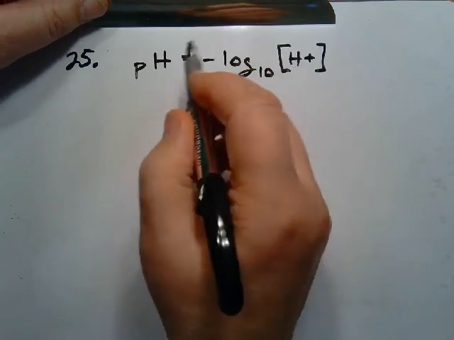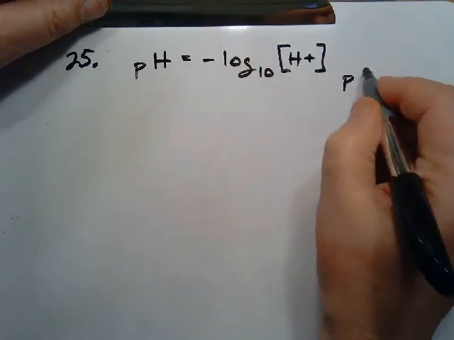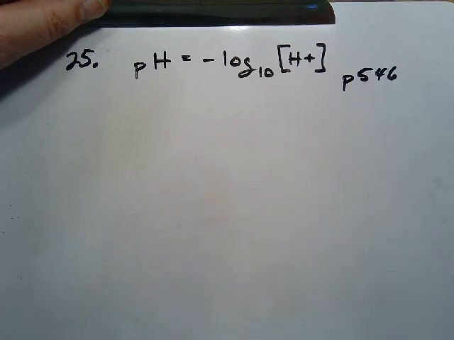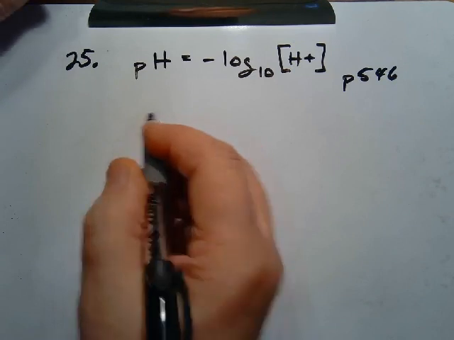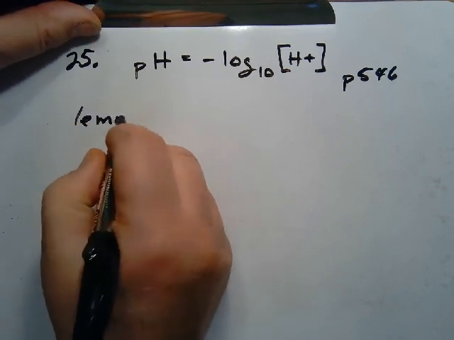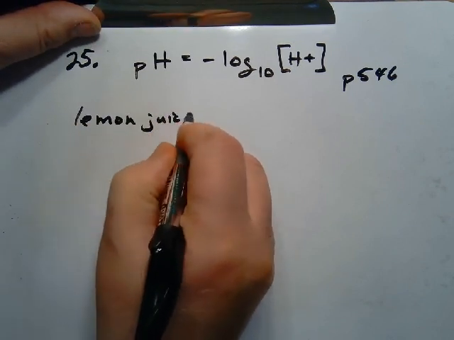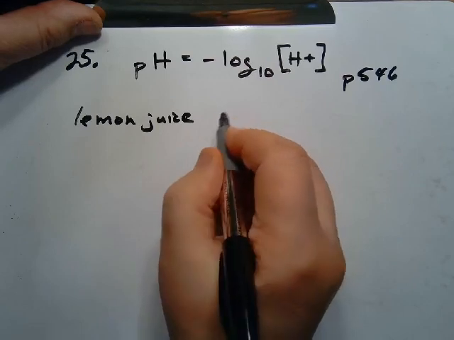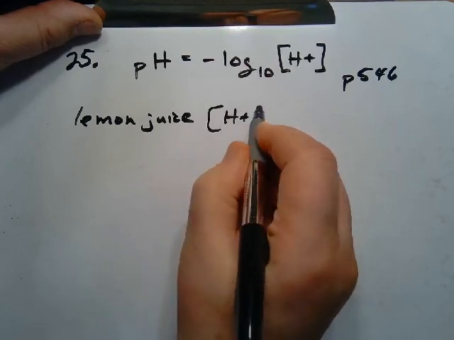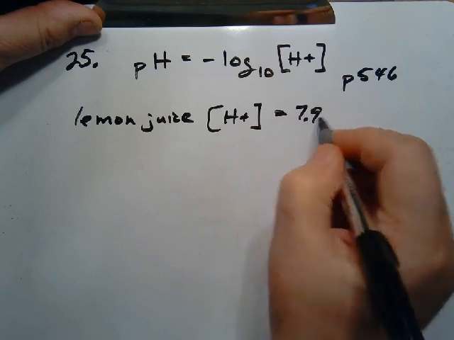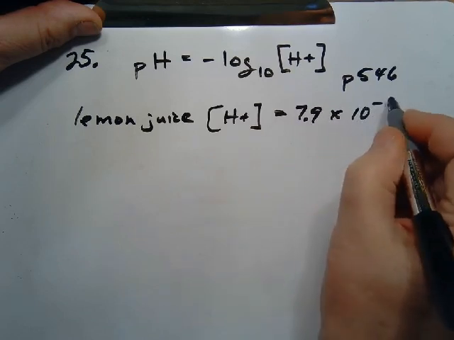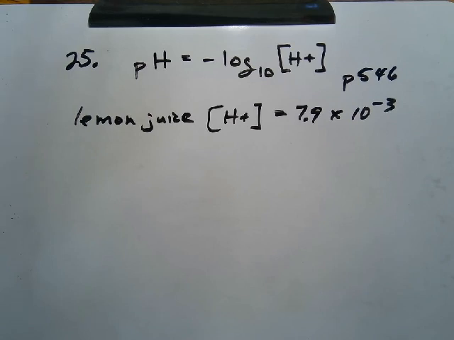This formula happens to come from page 546 in your book. I'm going to do problem 25 here, and 25 is talking about lemon juice and the hydrogen ion concentration is 7.9 times 10 to the negative 3.